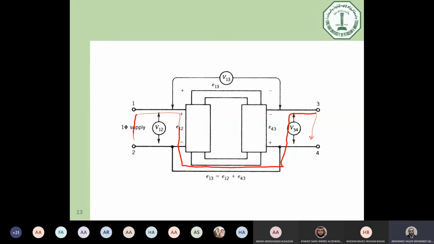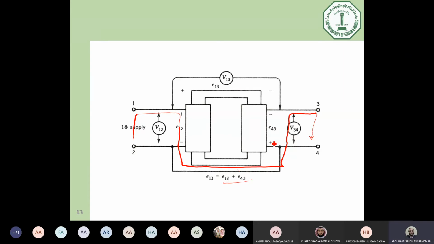You will find that here you crossed V12 or E12 and moving here E43. So if the value of E12 plus E43 equals the value of E13, which is this voltage, then in this case your assumption of the polarity is right.